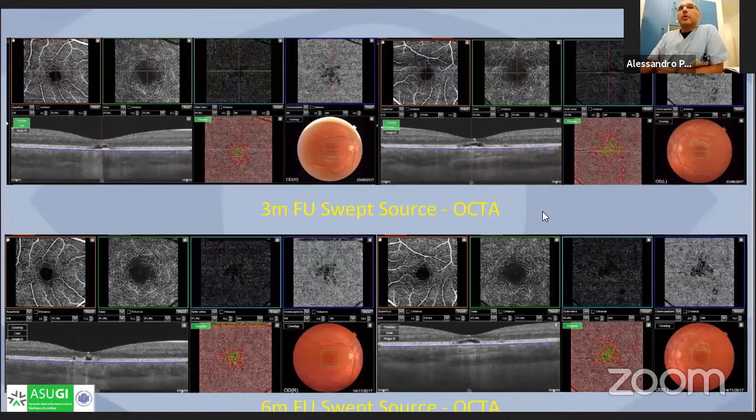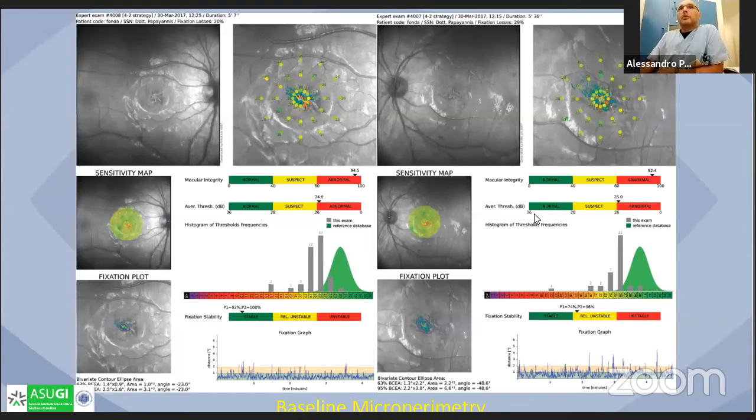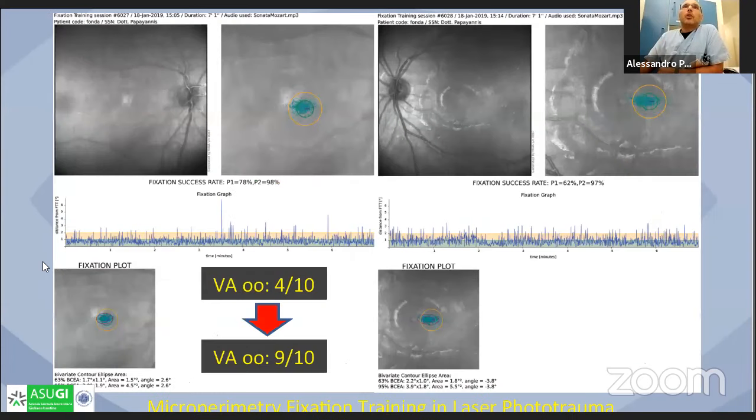The visual acuity was low in this kid, but using microperimetry we did a sort of rehabilitation of the fixation point, and after this fixation training, the visual acuity improved from 4 to 9/10.